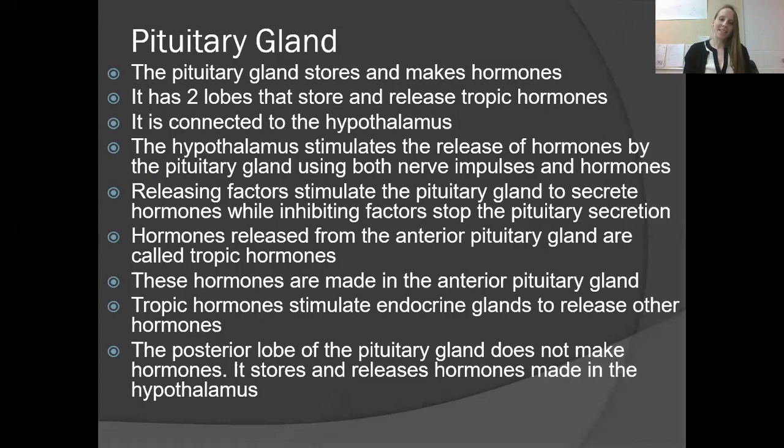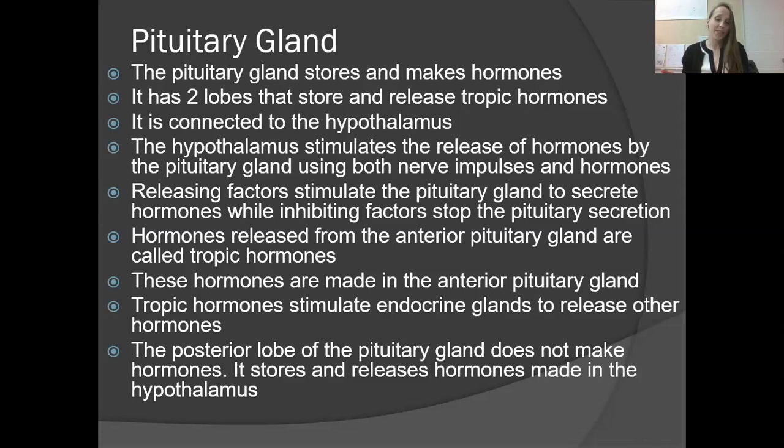So the pituitary gland is a gland that both stores and produces hormones. There are two different lobes of the pituitary gland, and the pituitary gland is connected to the hypothalamus. The hypothalamus does produce some of its own hormones, and those hormones are then transferred to the posterior pituitary to be stored.